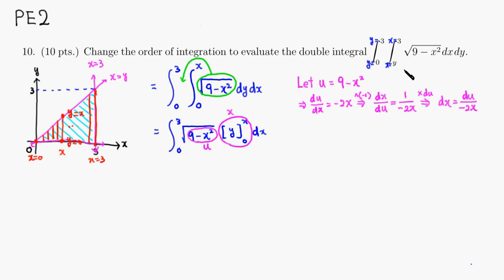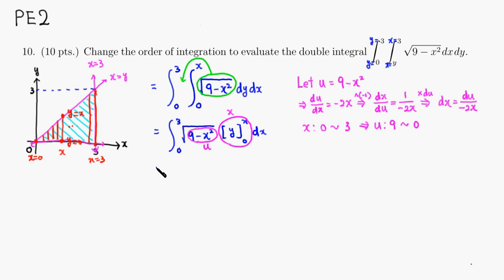We also have to change the lower and upper limits. x goes from 0 to 3, which means u goes from, putting 0 there, 9, and putting 3 there, 9 minus 3 squared, which is 0.